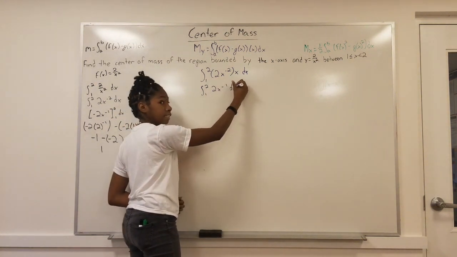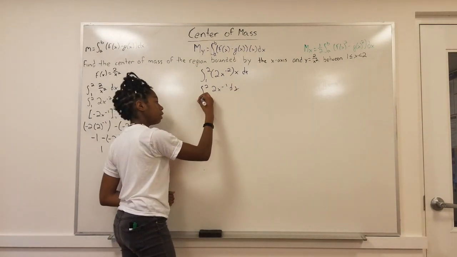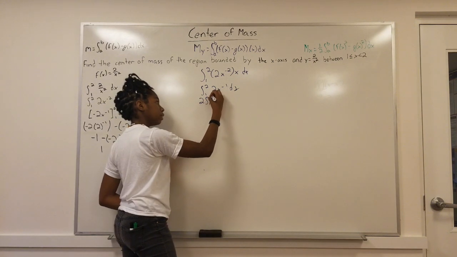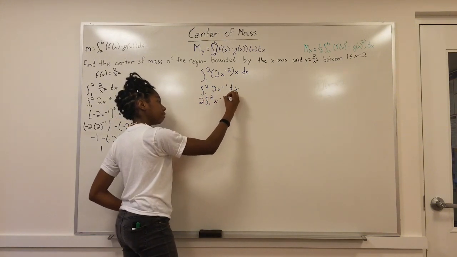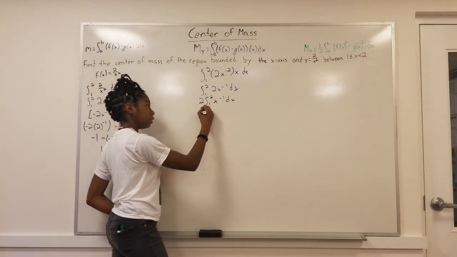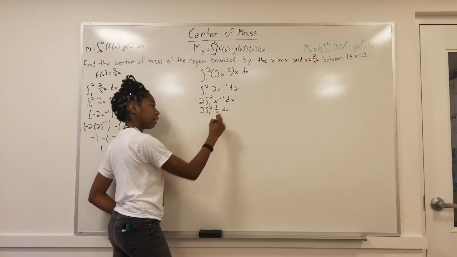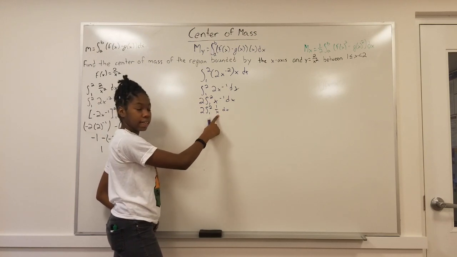dx. And then you can pull out the 2, so you get 2 times the integral from 1 to 2 of x to the negative 1 dx. And then this is also the same as 2 times the integral from 1 to 2 of 1 over x dx. And then the integral of 1 over x is ln x.